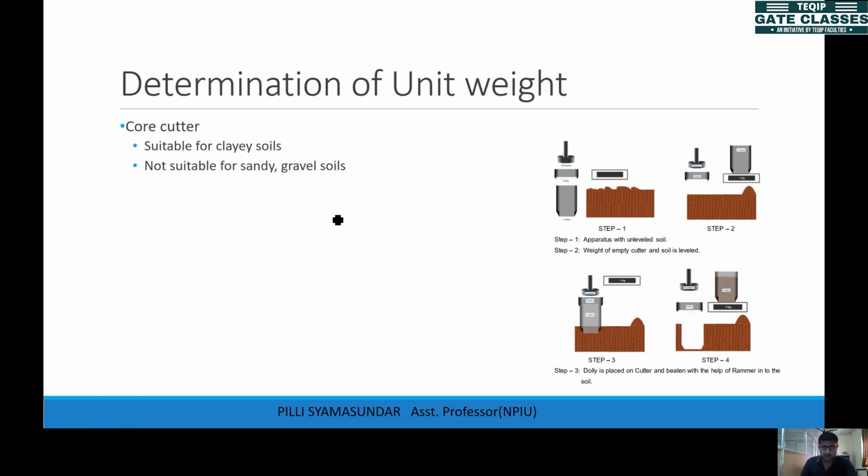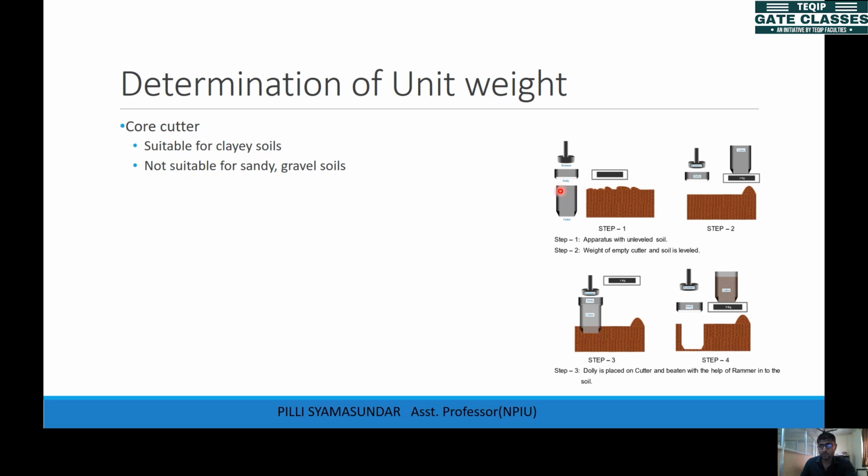So this is the first method, which is the core cutter method. You can see this is the core cutter. It has a dolly that we can place on top of it, and you have a rammer. This core cutter is used to measure the unit weight.